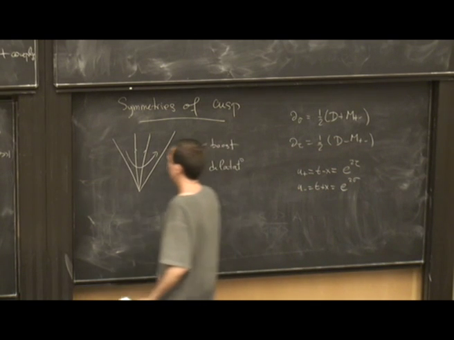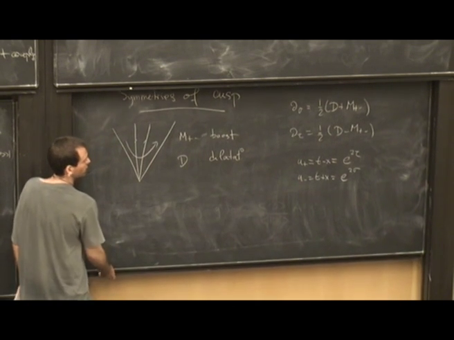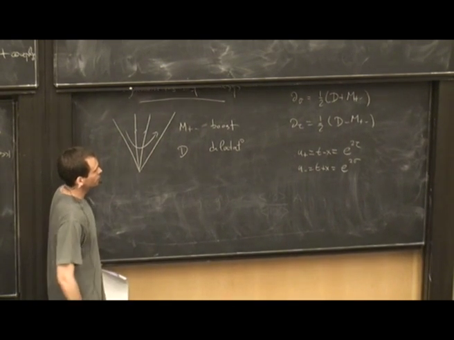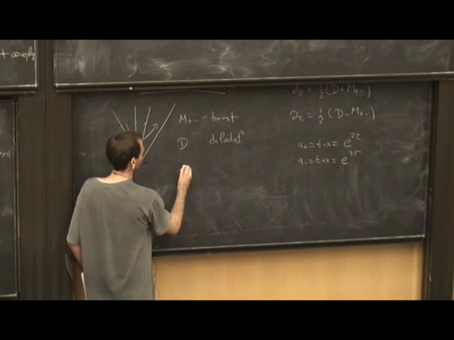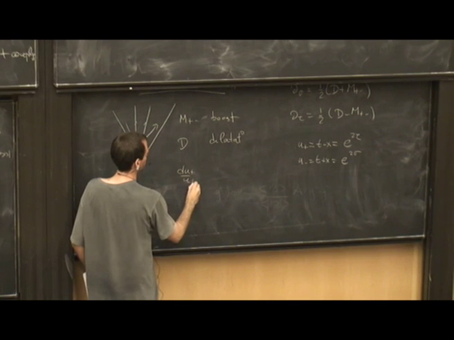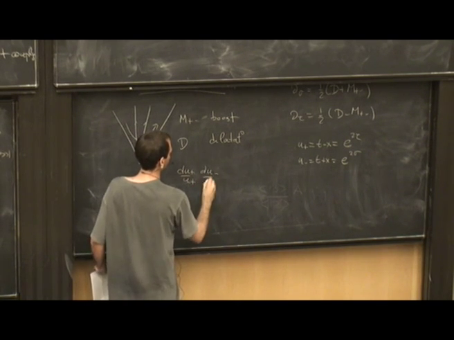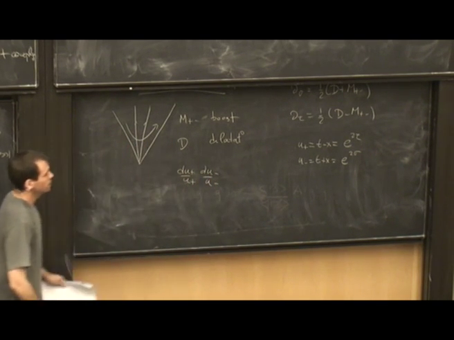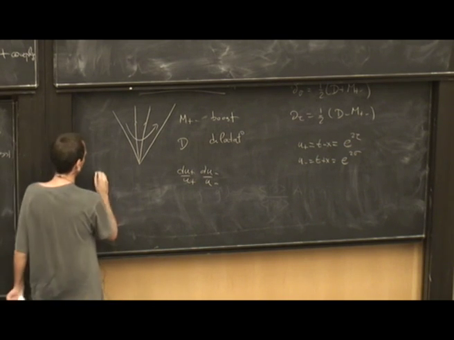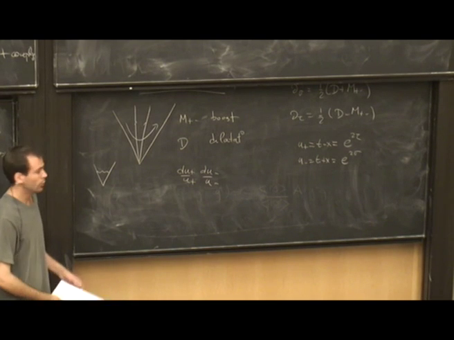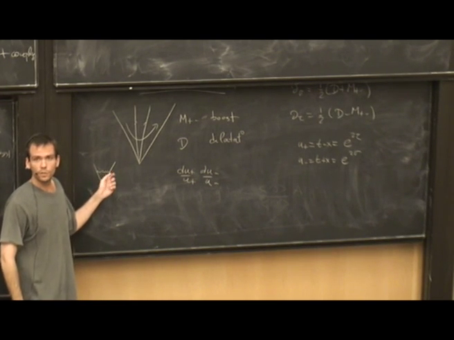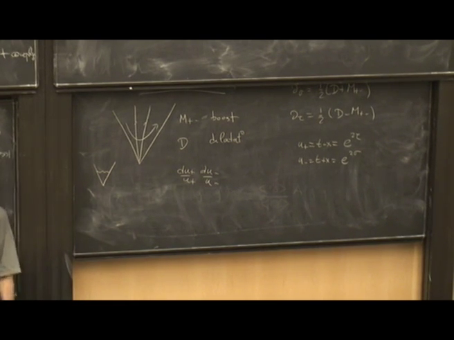And then you might guess that if you want to write some sort of invariant measure associated to this object, it will be something of the type du plus over u plus, du minus over u minus. And this is exactly what happens when you try to compute your cusp Wilson loop at one loop. You have a propagator here, which is 1 over the inverse distance square.